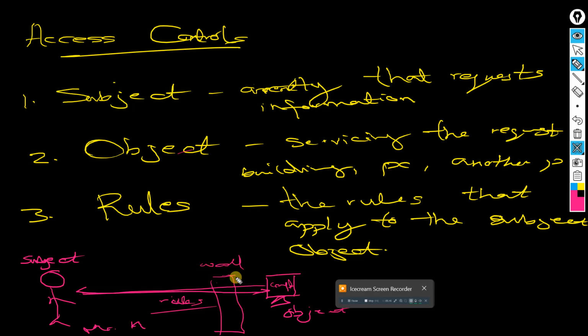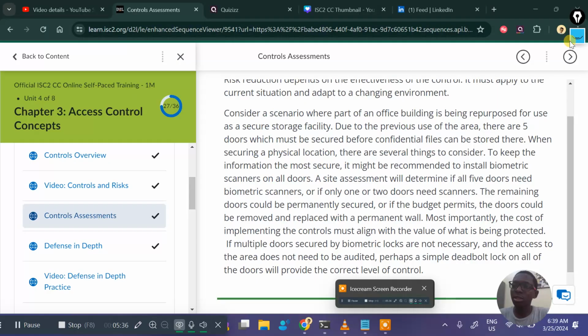The issue with this wall is that you do not want your control measure to be way more expensive than what you are protecting, right? Why would the wall be more expensive than the information? At that point, it won't exactly make sense, especially if the information is not such an important one, you don't need to put something too expensive to protect it, which is what is being explained here. The cost of implementing the controls must align with the value of what is being protected.